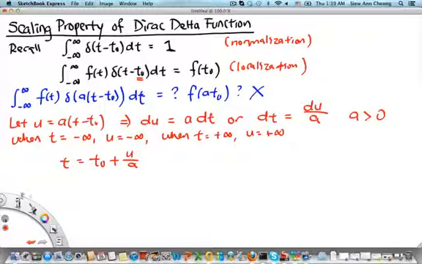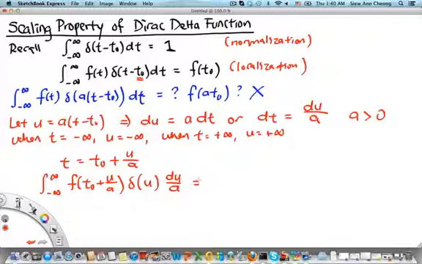So now we're ready to evaluate the integral. Let's write down the integral, minus infinity to infinity, f of (t naught plus u over a). And then next we have delta of u, and then dt is du over a.